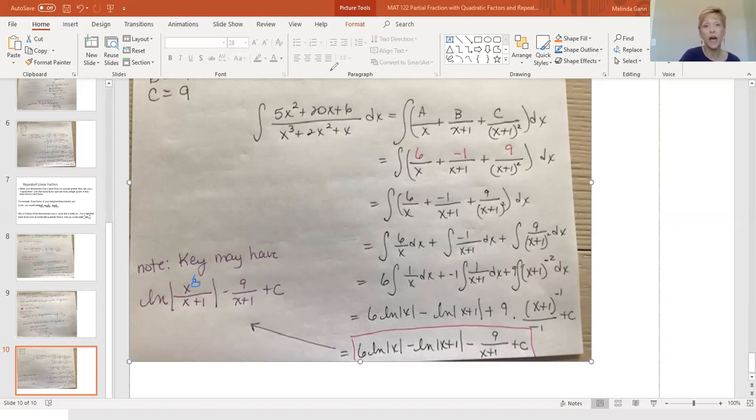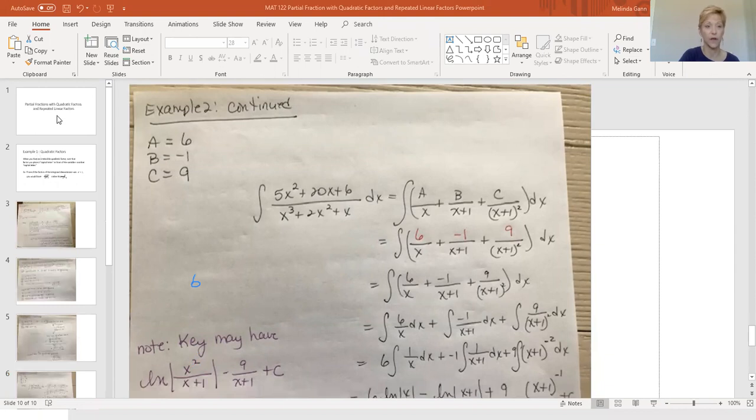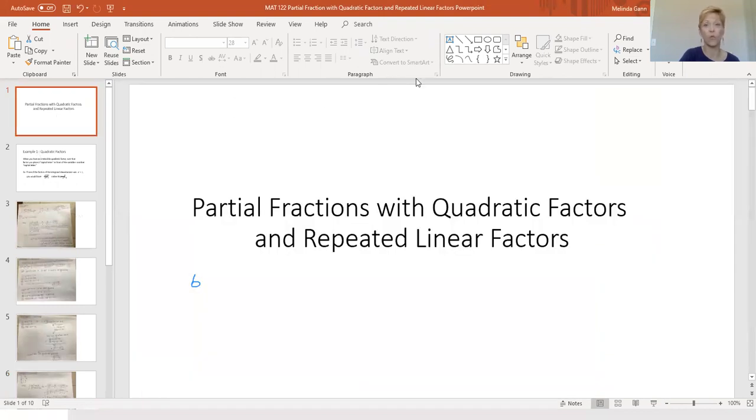So really, the only new thing that this video shows is when you have irreducible quadratic functions, all you need to do is make sure that you have more than one. In other words, you have to have capital letters over that one, then all the ones up to that one.